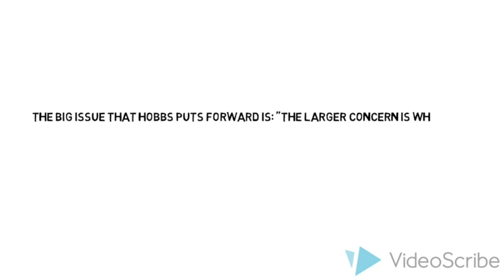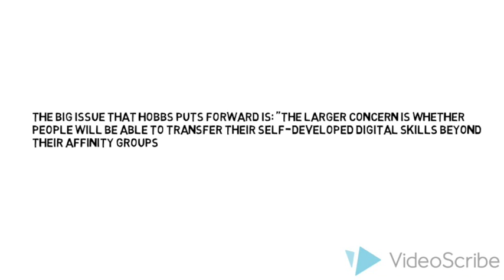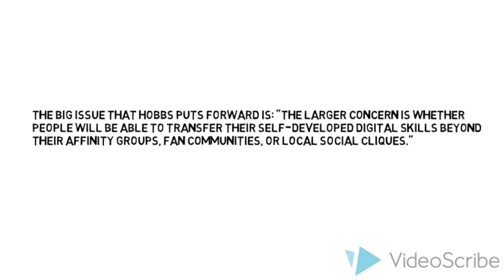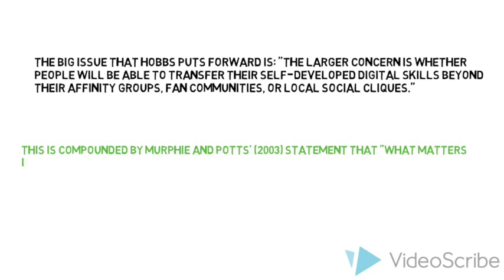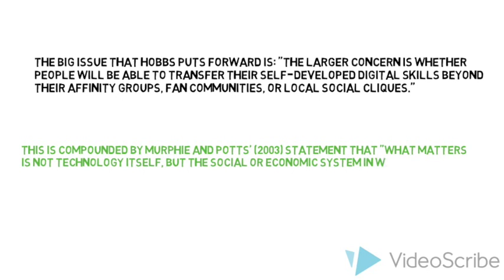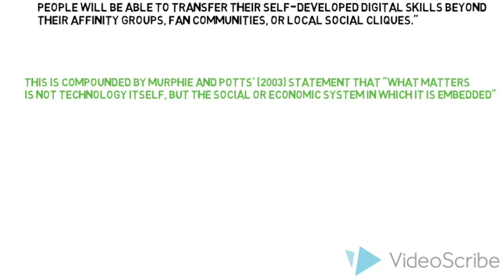Now, this issue is also further identified in Hobbs' statement. The big issue that he puts forward is that the larger concern is whether people will be able to transfer their self-developed digital skills beyond their affinity groups, fan communities, or local social cliques. And this is further compounded by what Murphy and Potts put forward, where they say what matters is not technology itself, but the social or economic system in which it is embedded.